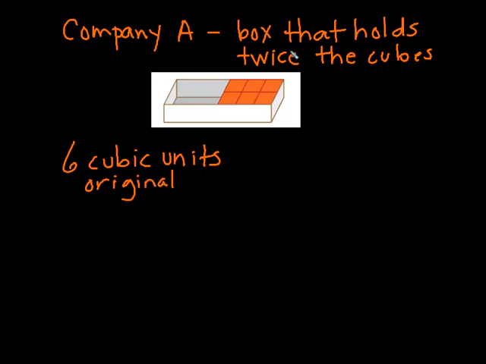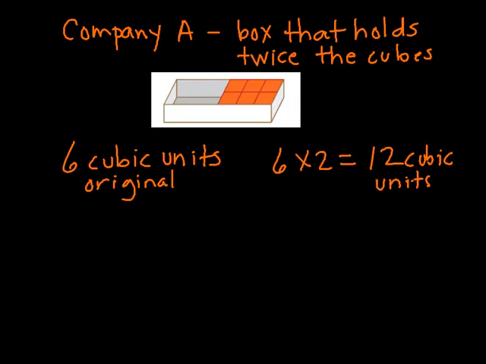So when you do twice the number of original cubes, all you have to do is take that and multiply it by 2, and you have doubled the number of cubes. So now this packing box can hold 12 cubic units. So anytime it asks you to do twice as many cubes, all you have to do is find the original volume and double it. That's all you have to do.